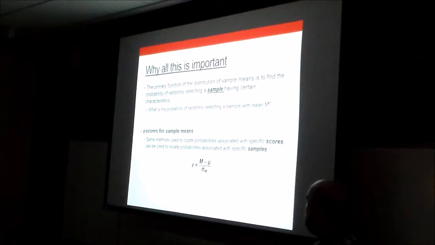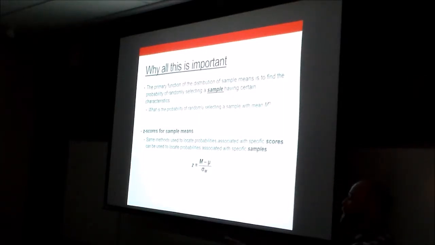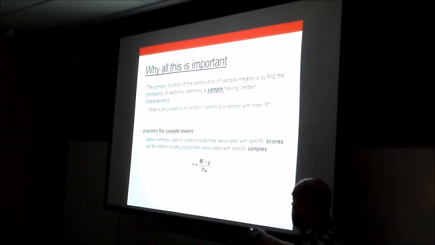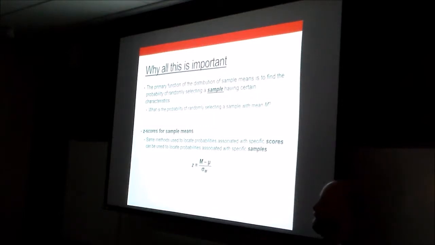And we do this by calculating our z-score, same thing as we did previously with identifying the position and probability of scores. This time we're just identifying the position and probability of means. Our z-score here is going to be our mean value that we get from our sample. We're going to subtract from it a known population mean and divide this by the standard error of the sampling distribution. Okay?